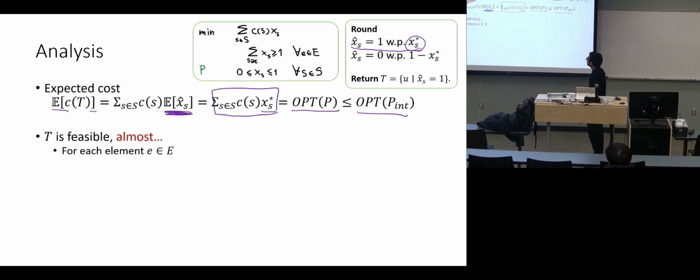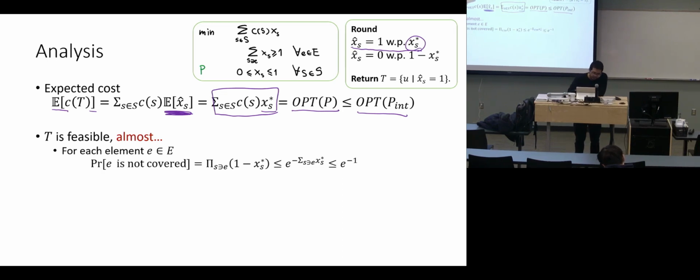I want to show that each element is covered with high probability, but what we can show is only this. Let's bound the probability that each element is not covered. The probability that E is not covered is the product over sets S that contain E of 1 minus X star S, because that's the probability that none of these sets is chosen.